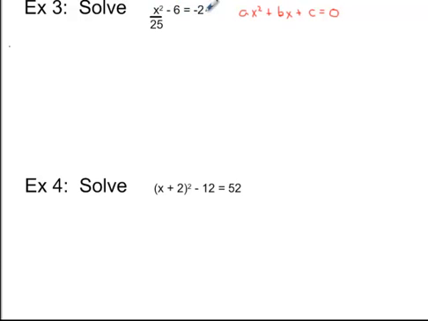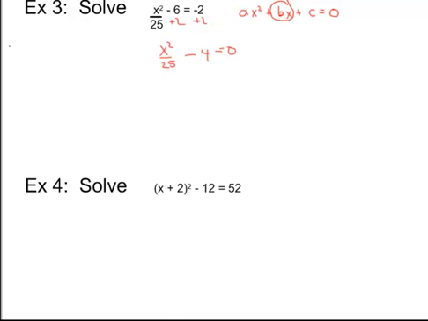I don't have equals 0, but I can make that happen. Add 2 to both sides to balance it out. X squared over 25 minus 4 equals 0. And now you see that it's in this form, but it's missing the bx.